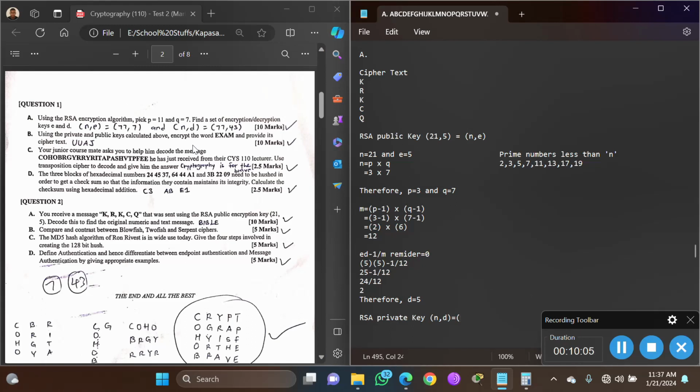As you can see, our N is 21, our D is 5. So the keys for encrypting and decrypting this time around were the same.